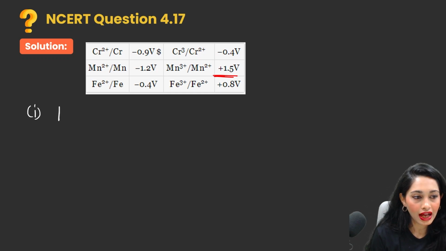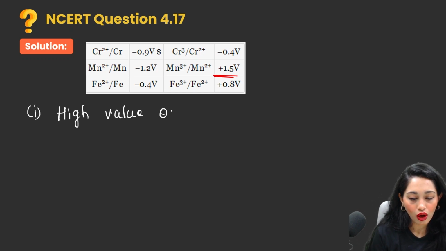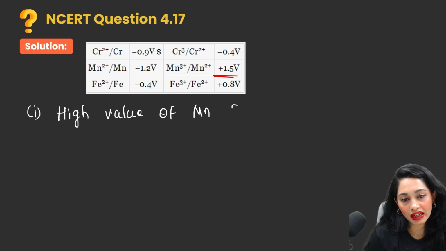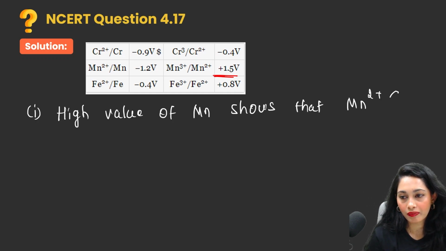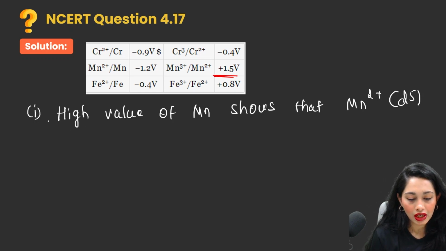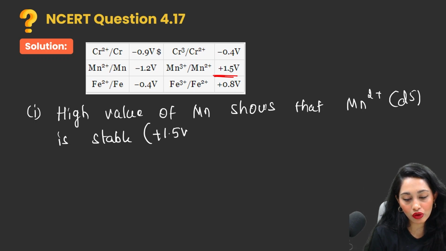So the high value for manganese shows that Mn2 plus, that is the d5 system, is stable. What is the value? It is plus 1.5 volt.